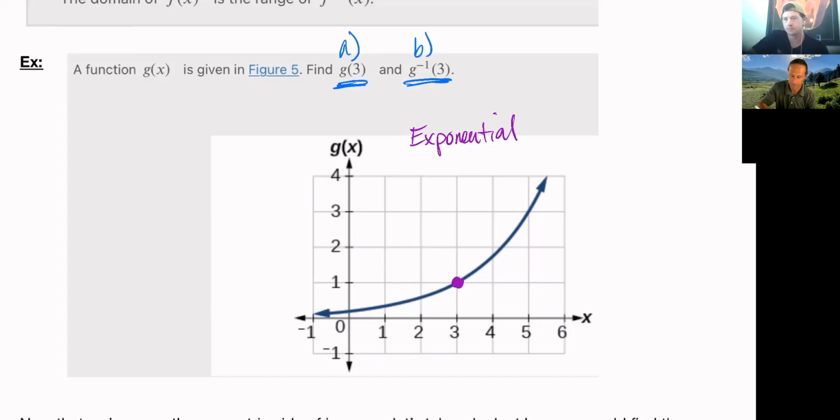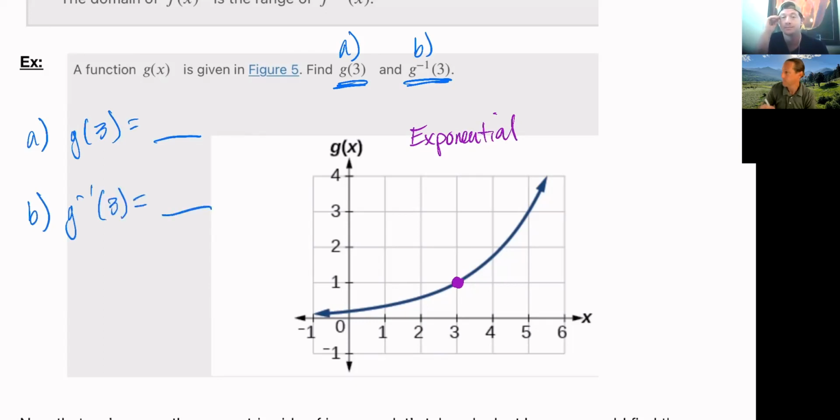Part A or part B? Part A, I agree with, for those of you that said it and put it in the chat. Why part A? Well, they gave us the graph of G. So it says to find G of 3, which means what did they give us? The X or the Y?